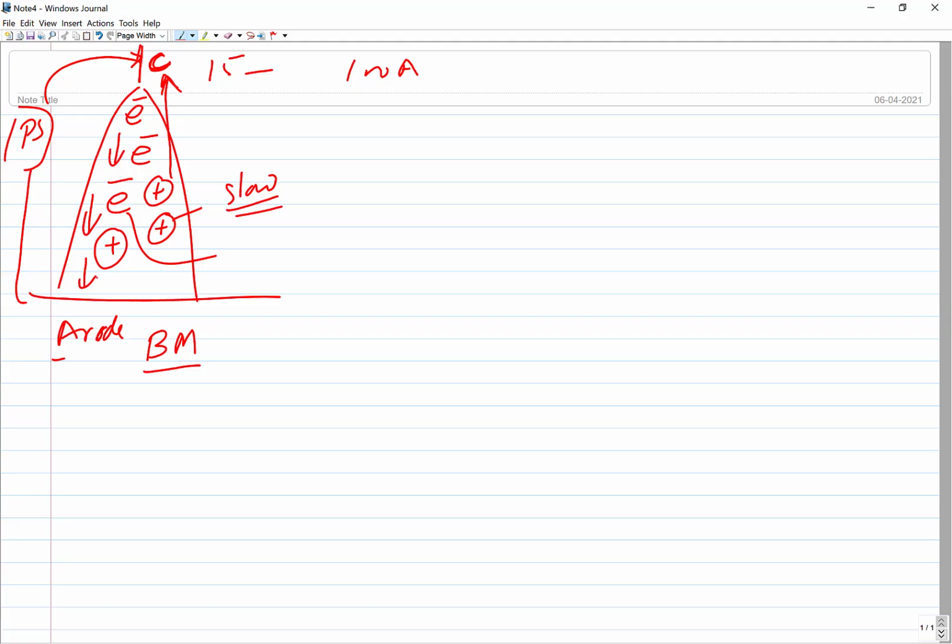So these electrons will be impacting the surface of the base metal, generating heat due to the conversion of kinetic energy into heat. So the heat generated leads to the fusion, melting of the base metal. So this is what basically happens in a welding arc.